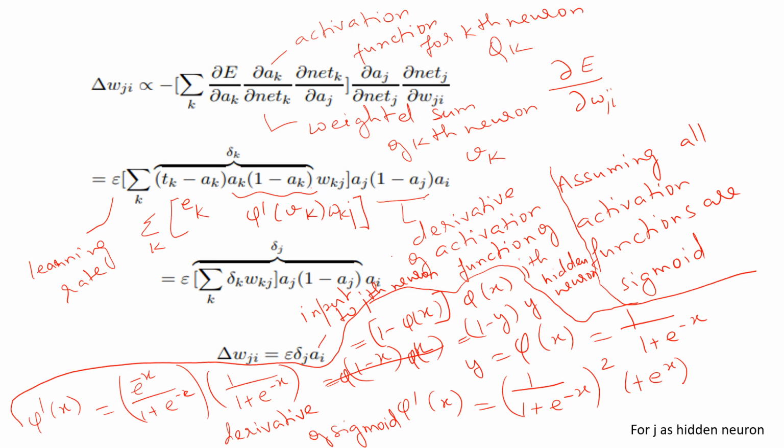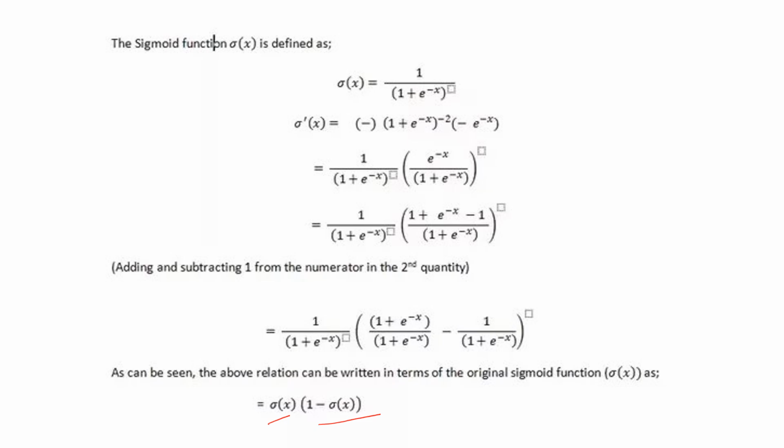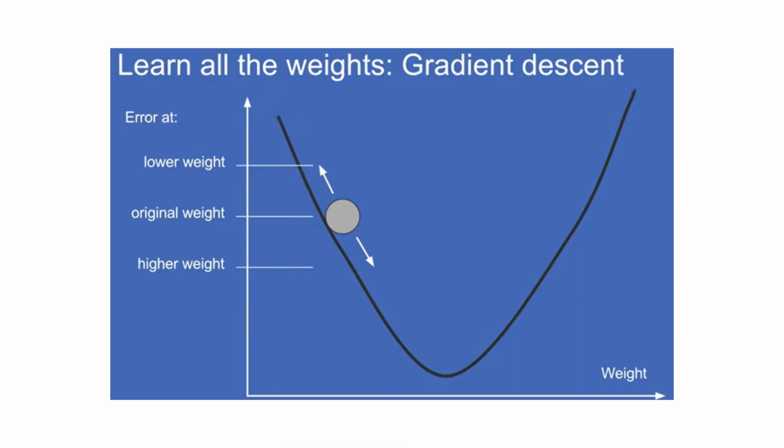So let me clarify: this is the derivative of sigmoid. You can see it is clearly written here. You can go through it, those who are interested in knowing the derivative of sigmoid.